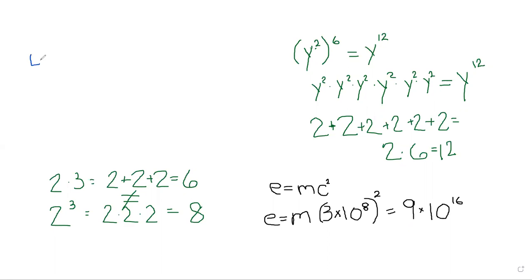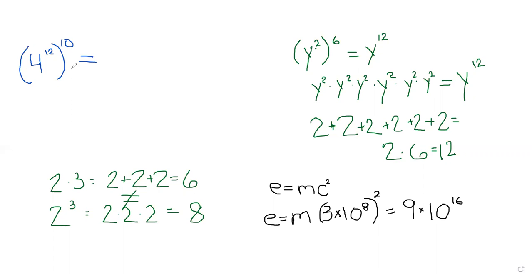Let's say I have 4 to the 12th power raised to the 10th power. Now I could write 4 to the 12th times 4 to the 12th times 4 to the 12th, 10 times, right? Because it says 10 times. But I don't especially want to do that. That's not how I want to spend my life. So I can do this instead.